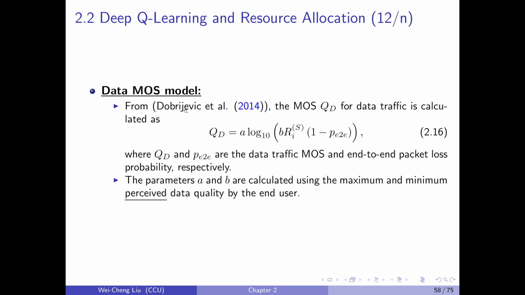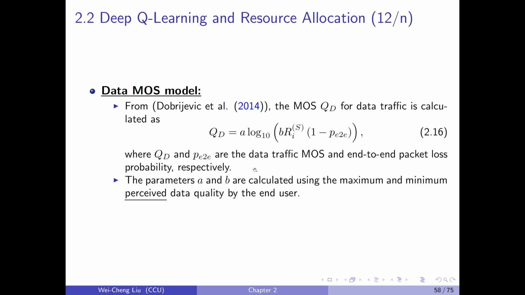So from Dobrojevic et al. in 2014, the MOS for data traffic is calculated as QD equals A times log10 of B times RIS times 1 minus PE2E, where QD and PE2E are the data traffic MOS and end-to-end packet loss probability, respectively. What is end-to-end packet loss probability?